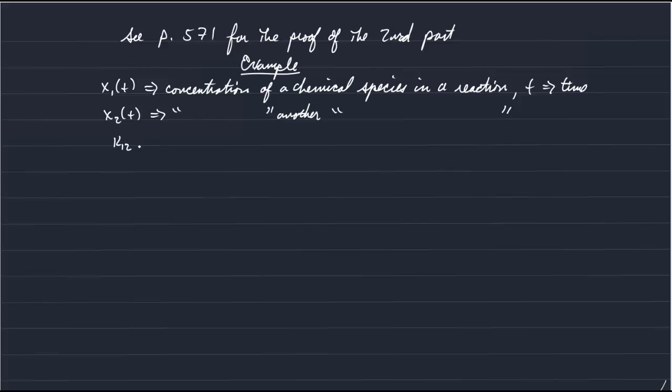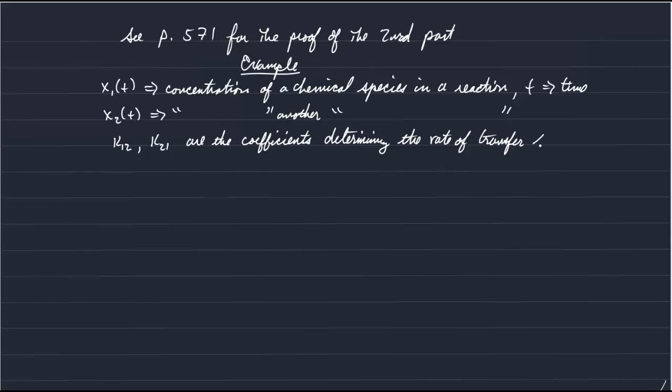k12 and k21 are the coefficients determining the rate of transfer between the two species.